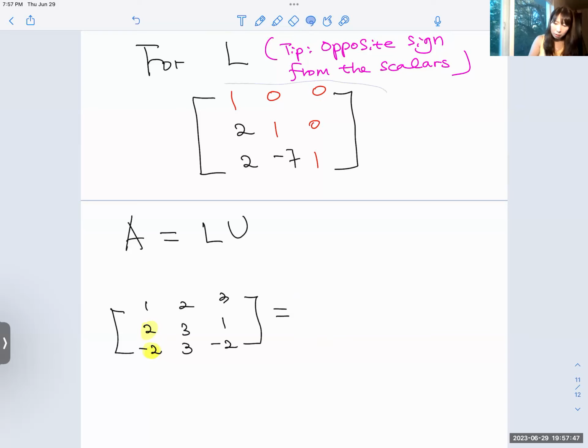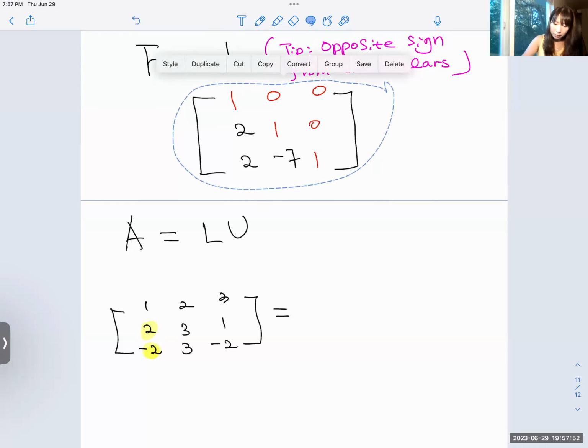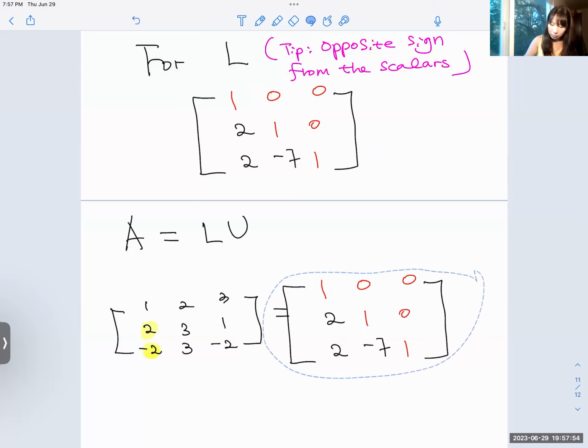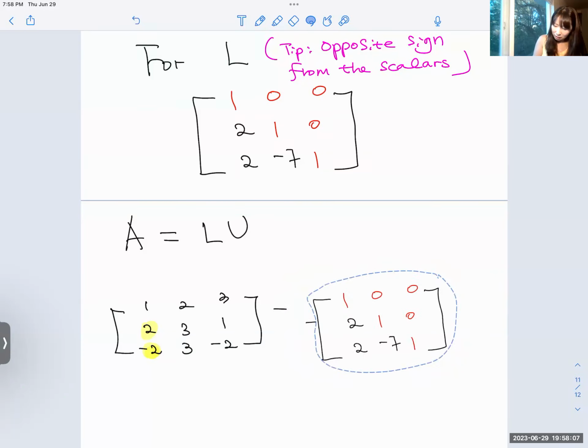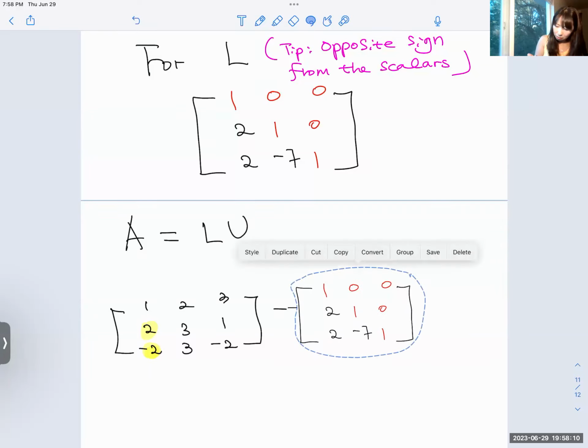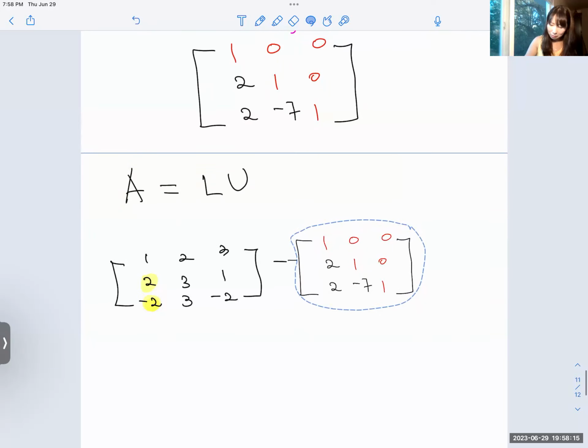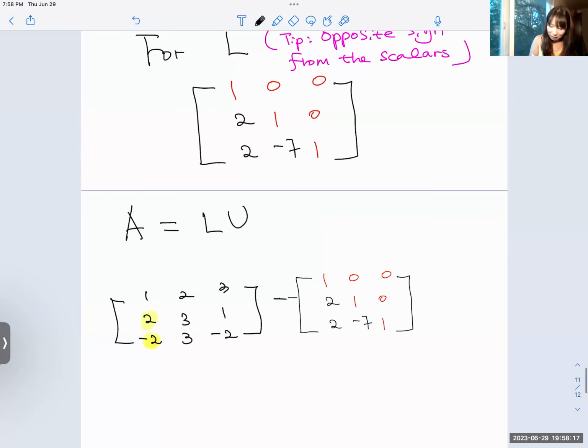L. Make it smaller. I can make it smaller, so I can make a new there too. Equal to U.